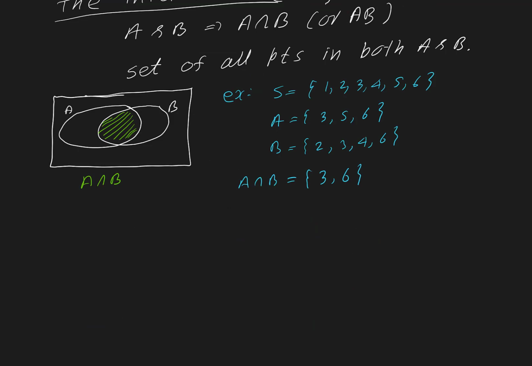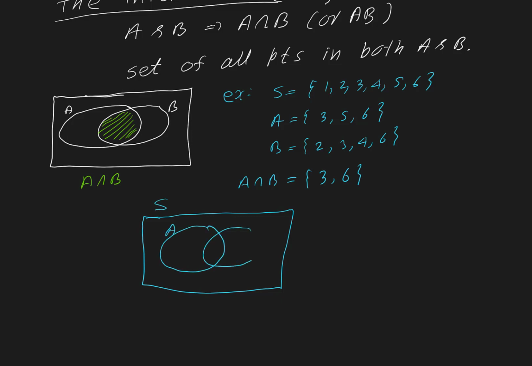How do we draw a Venn diagram for this example? S, and this is A, this is B. So what are the elements in A and B? First we go with the common element, the intersection part, 3 and 6.